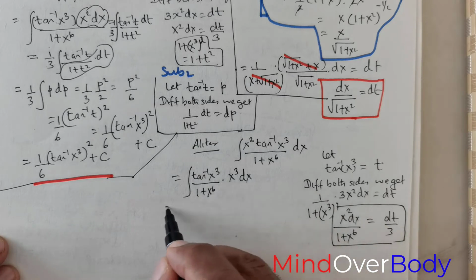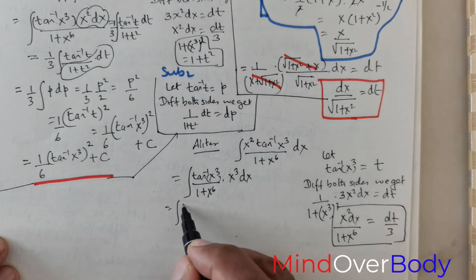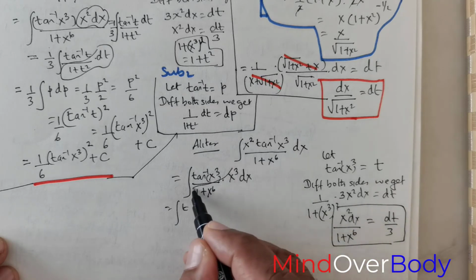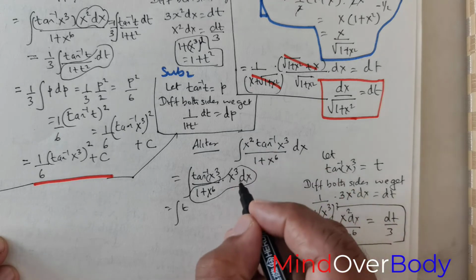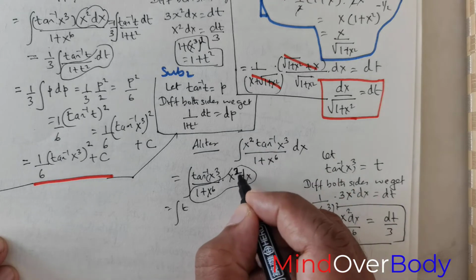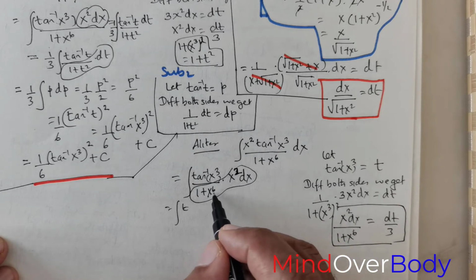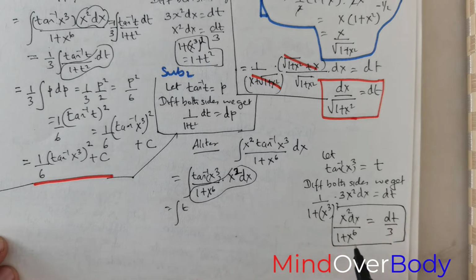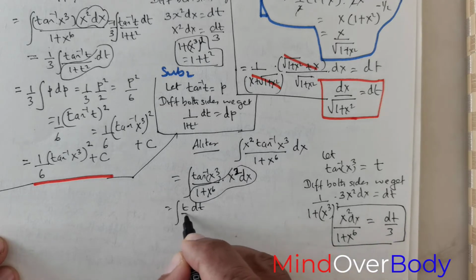In place of tan inverse of x cubed, I can substitute t, and in place of x squared dx over 1 plus x raised to the power of 6, I can substitute dt over 3. So this is going to be dt over 3.